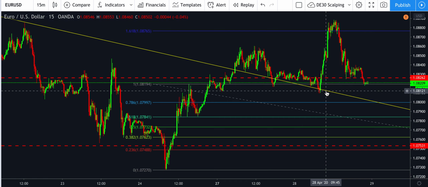I've been trading for 4 years, doing this daily, and that's why I know what to draw and how to use Elliott waves.